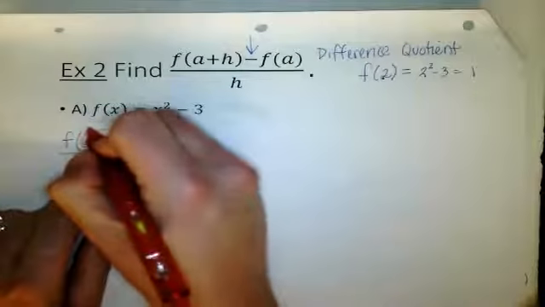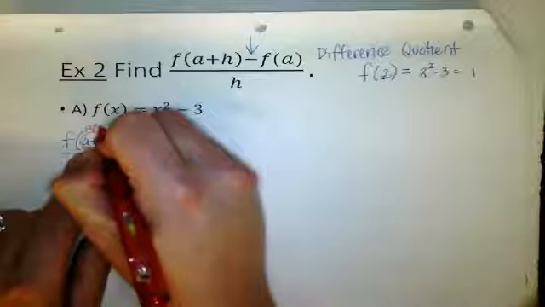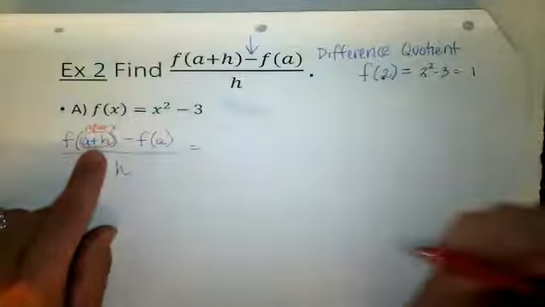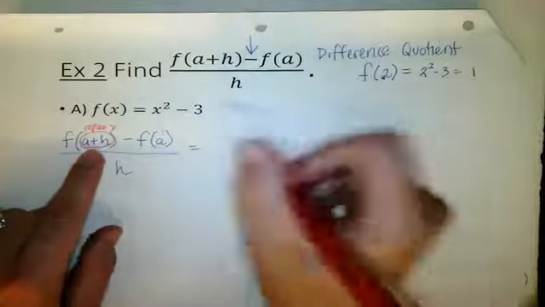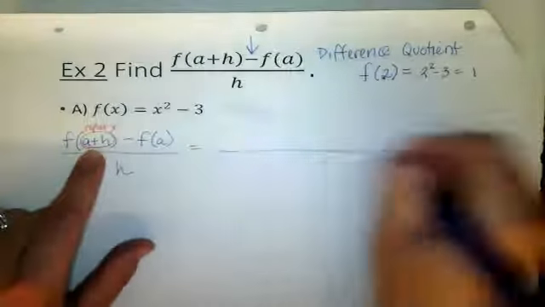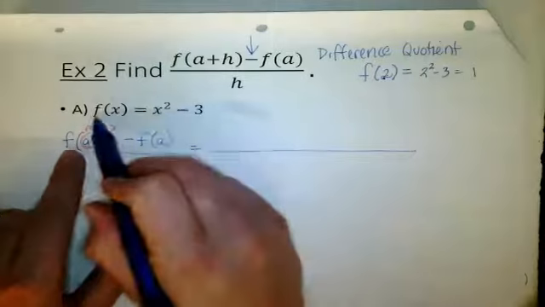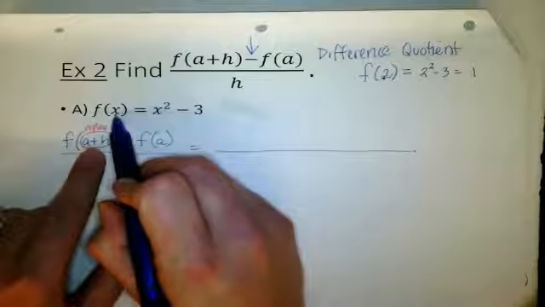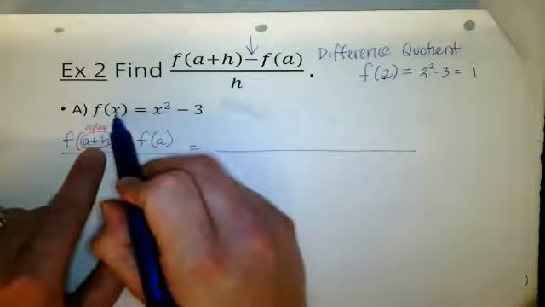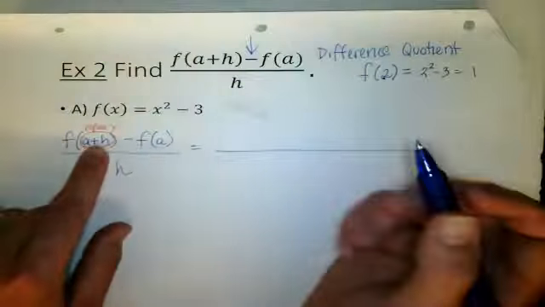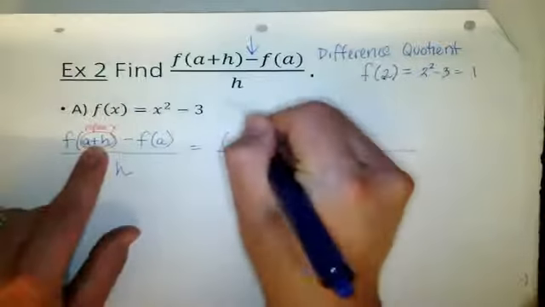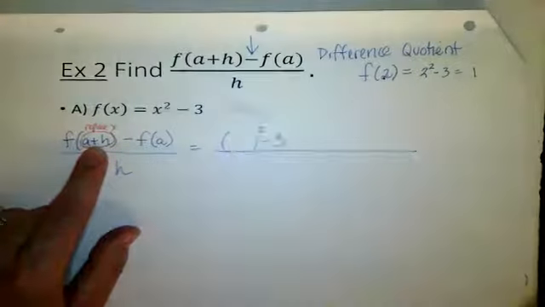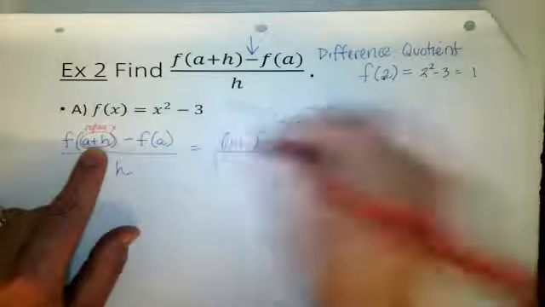Replace x with a plus h. So I'm going to go to my f function, and instead of an x, we're going to use a plus h. So I have my something squared minus 3, and I'm going to plug in a plus h.